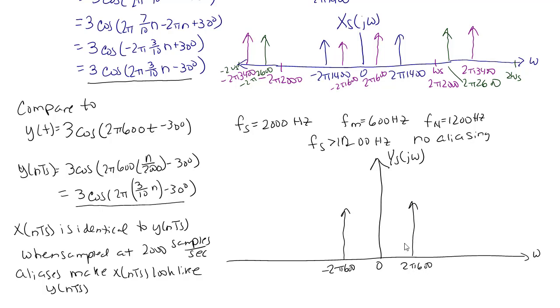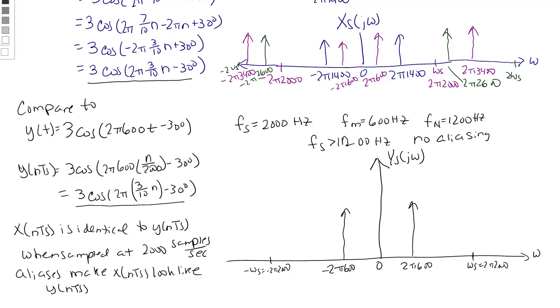The area underneath would be 3 pi. And remember, even if the amplitude's not the same, you can always use an amplifier to get that part. Then our next sample would be at omega s equal to 2 pi 2000, and here's the one at negative omega s equal to negative 2 pi 2000.